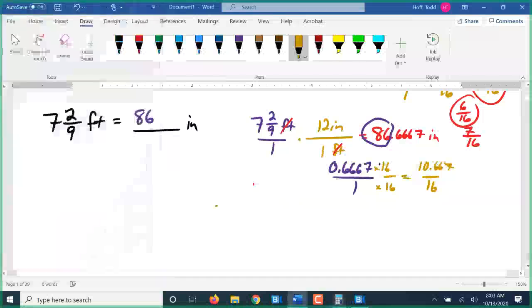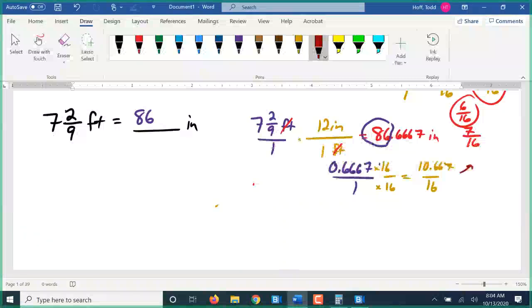It is 10.667. So it's telling me that it is between 10/16 and 11/16. 10.6 is closer to the 11 than it is the 10. So that's 86 and 11/16 inches.